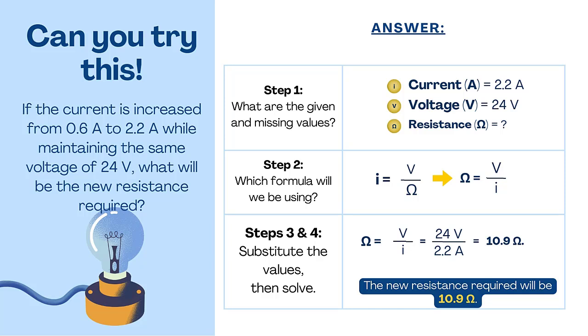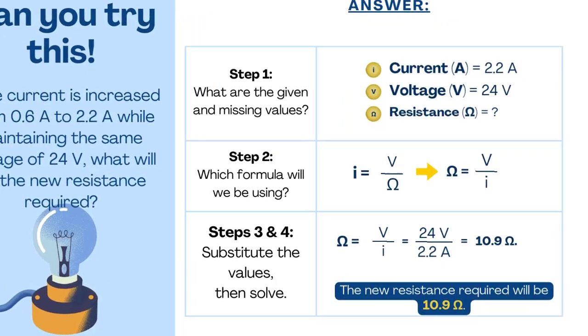R is equal to voltage divided by current, is equal to voltage 24 volt divided by 2.2 ampere as current, is equal to 10.9 ohms. The new resistance required in this circuit will be 10.9 ohms.